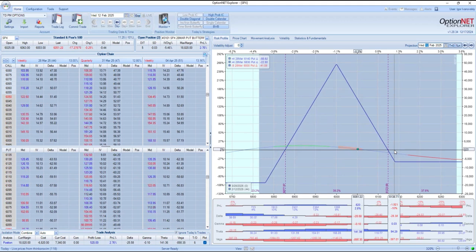So $19.35 credit is your GTC sell to close order, right? So if you bought to open this butterfly for $17 debit, you're looking to sell to close this butterfly for $19.35.